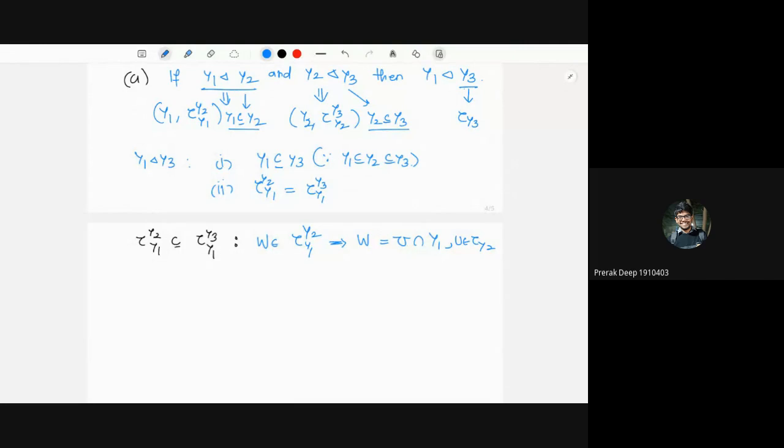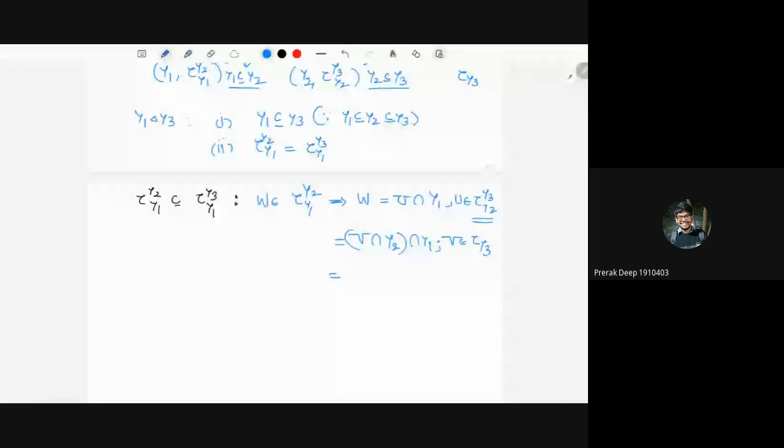And now the topology on Y2 is coming from Y3 because of this earlier assumption that Y2 has the topology from Y3. So we use this topology over here. Which will further imply that for U, there will be some V whose intersection with Y2 gives U, and this V will be in tau_Y3, right?